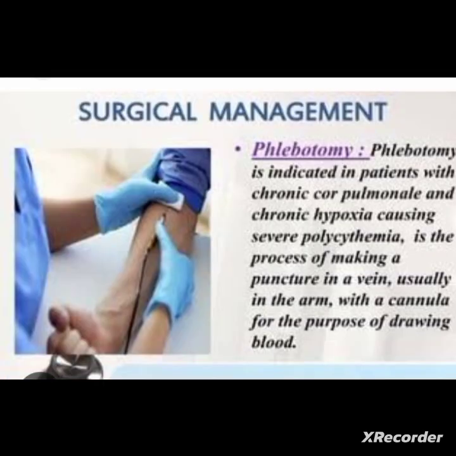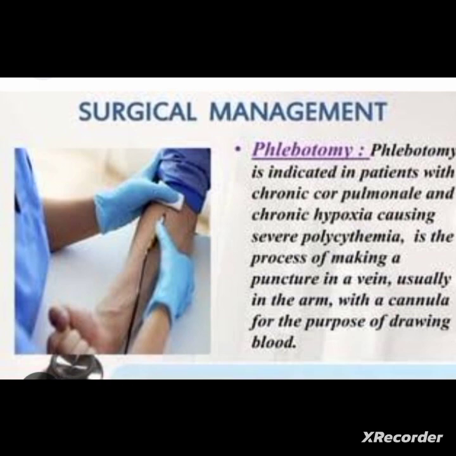Next, surgical management of cor pulmonale: phlebotomy. Phlebotomy in case of polycythemia, sickle cell disease, because polycythemia will be decreased by phlebotomy. Phlebotomy is indicated in patients with chronic cor pulmonale and chronic hypoxia causing severe polycythemia.